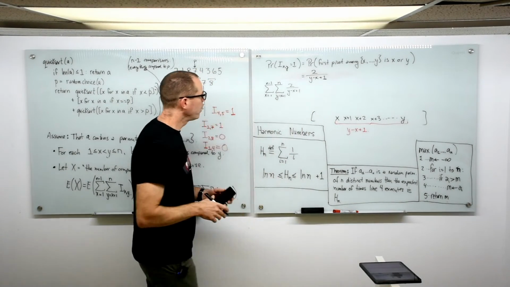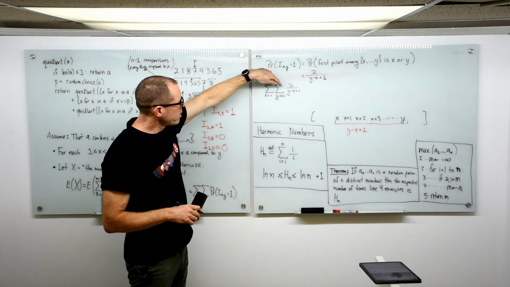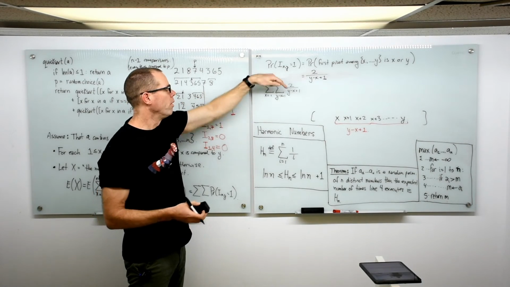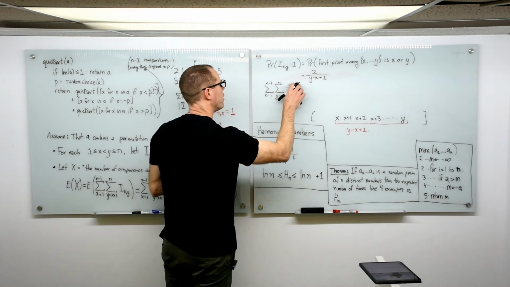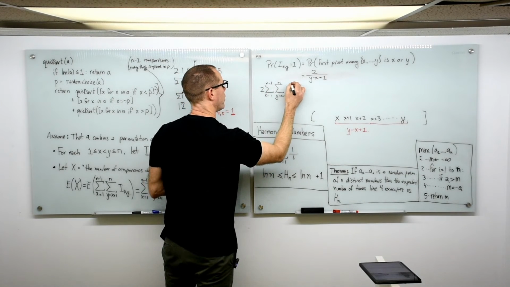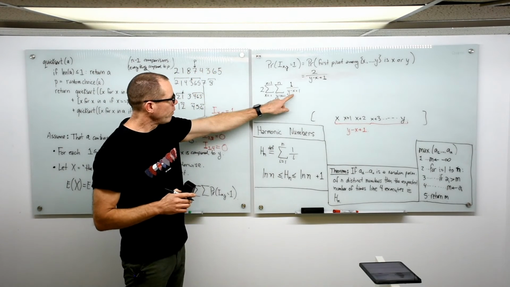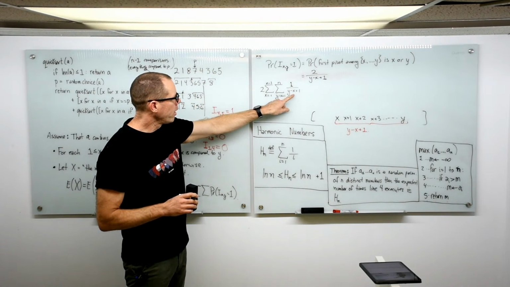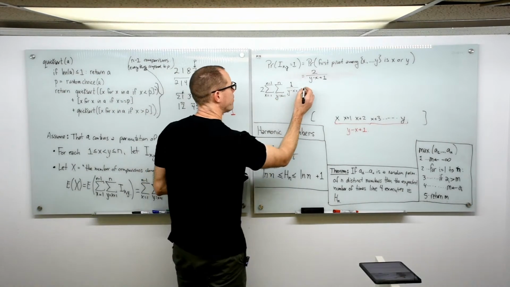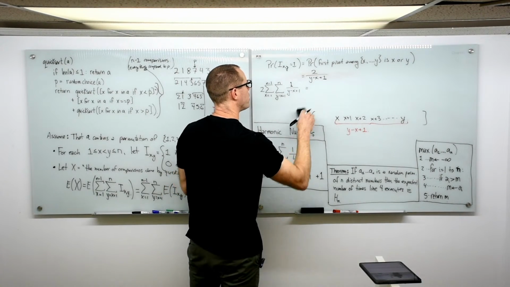So we have a double sum, and inside that double sum, the factor 2 appears in every term. So let's just take it out front. And now, if I look at this thing, let's do this longhand so you see what's happening.